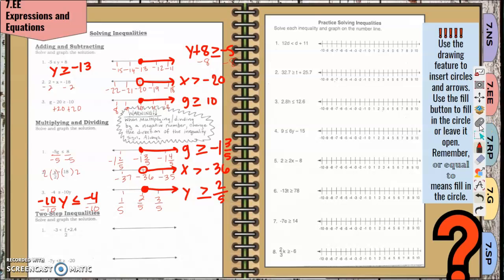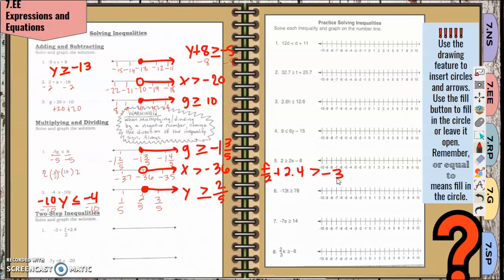All right, for two-step equations, first thing you have to do is make sure your variable is on the left. So I'm going to rewrite number 1 to be f divided by 2 plus 2 4/10 is greater than negative 3.